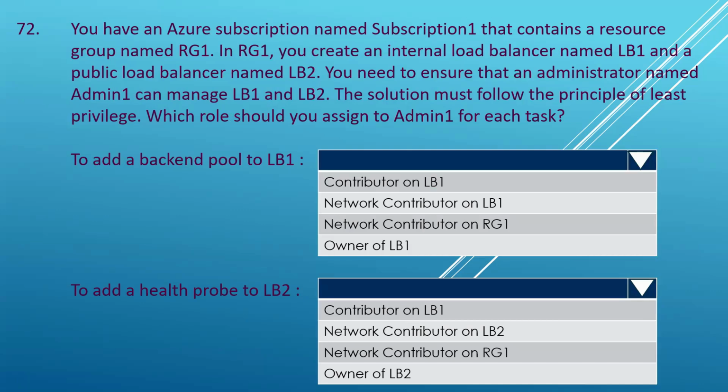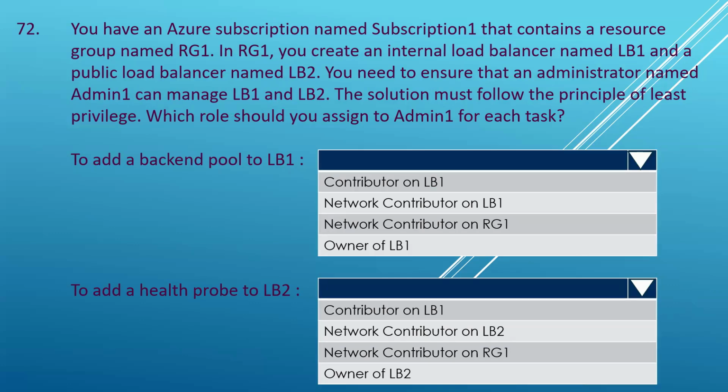Now the tasks are, you need to add a backend pool to LB1, and the second task is you need to add a health probe to LB2. So in both the tasks, you are performing a different operation on both the load balancers.